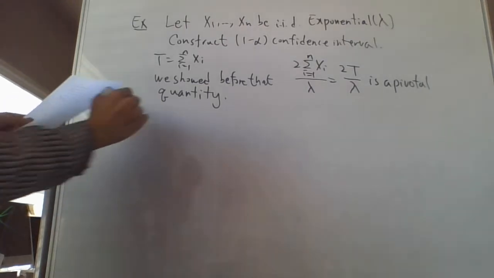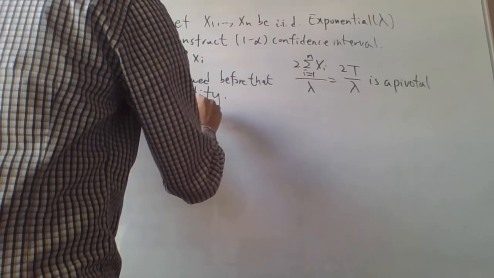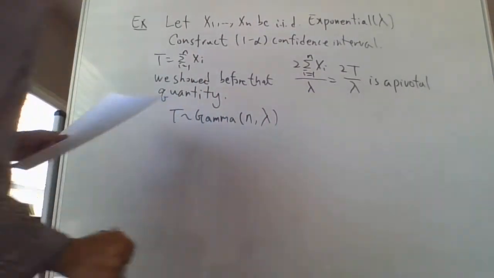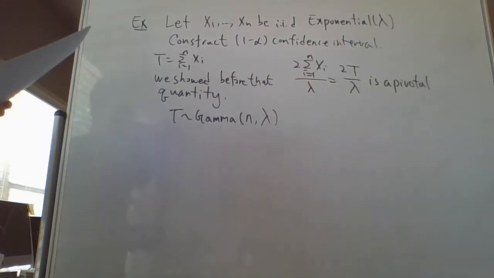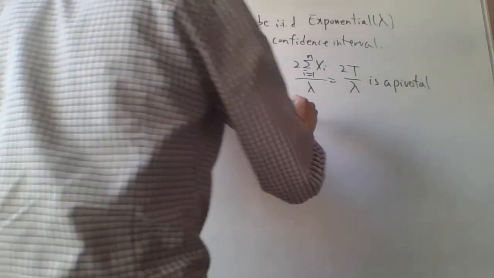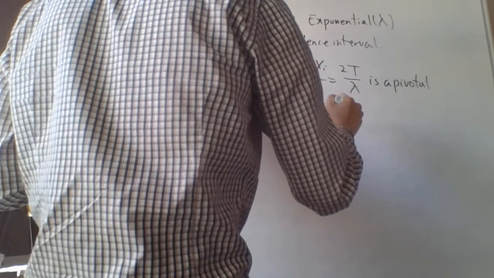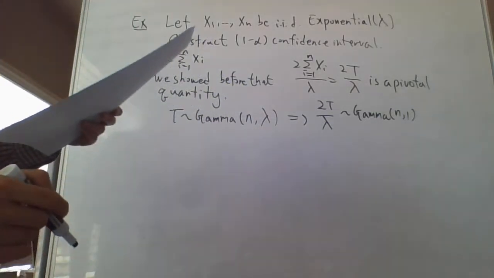And then T is gamma distributed with parameters n and lambda, because it's the sum of Xi. And then 2T divided by lambda is gamma(n, 1) times 2, which is equal to chi-square distributed with 2n degrees of freedom.